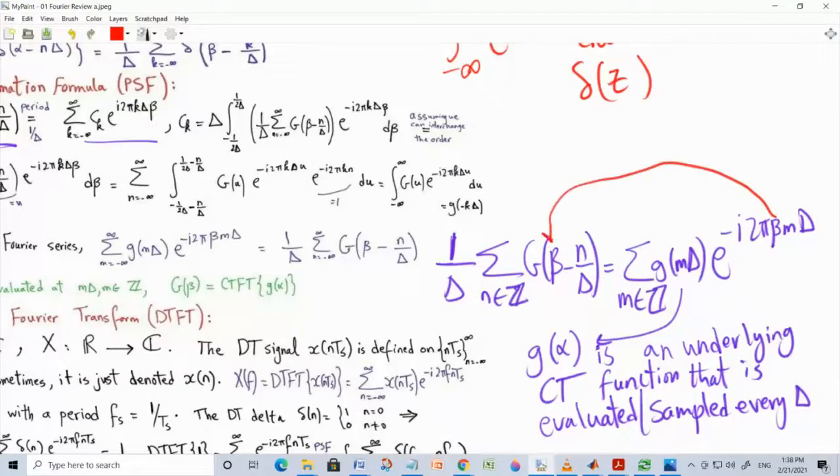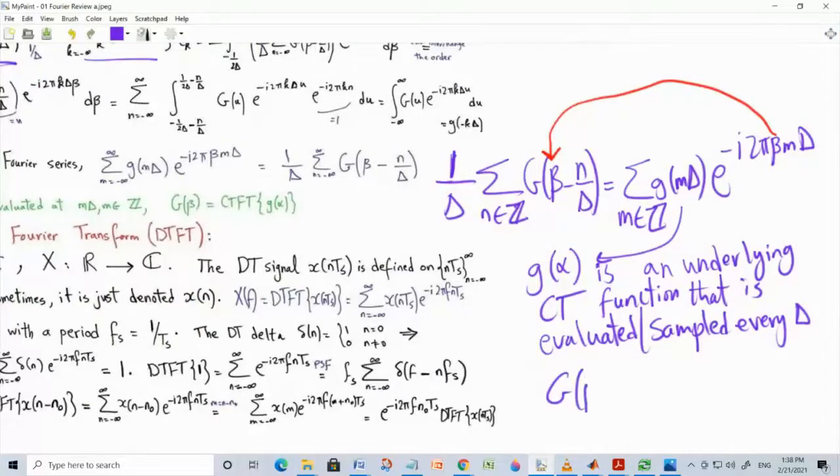Beta is the same variable as here, and delta is a positive parameter. On the other side, we have big G. And what is big G? Big G of beta is the CTFT of g of alpha.